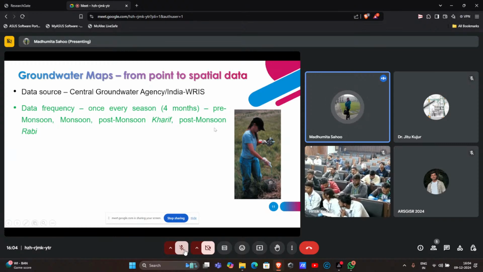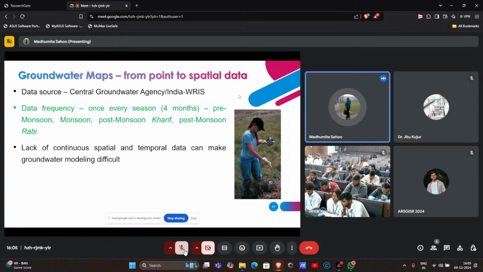It's collected seasonally. So either the groundwater modelers end up assuming that there is no change in the groundwater level apart from those four days and use that kind of data, or they go for other methods to see how the groundwater level can change.